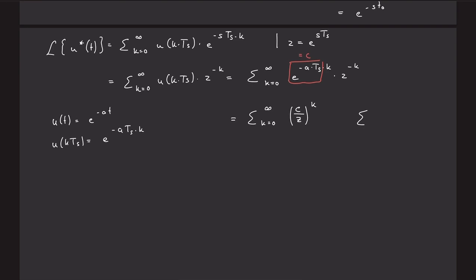And now one has to know that the infinite series of q to the power of k equals 1 divided by 1 minus q if the absolute value of q is smaller than 1.